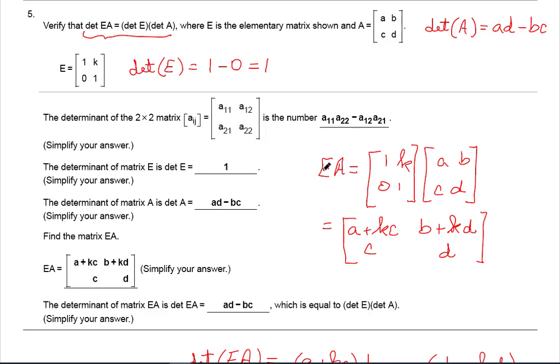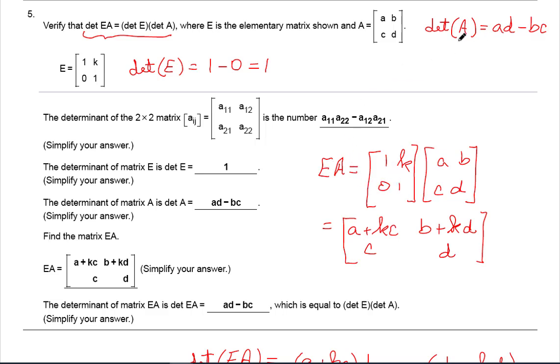So let's see, what is E multiplied by A? Well, 1 times A, K times C. Add those up. 1 times B, K times D. Add those up. 0 times A is 0, 1C. Alright, so here is EA.